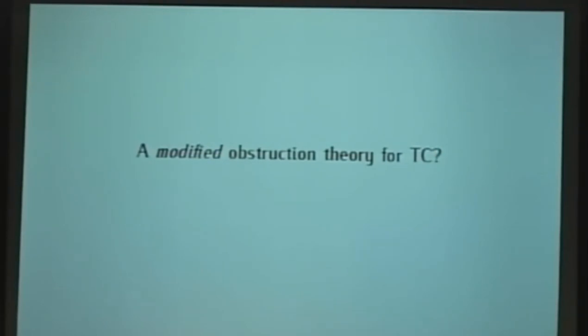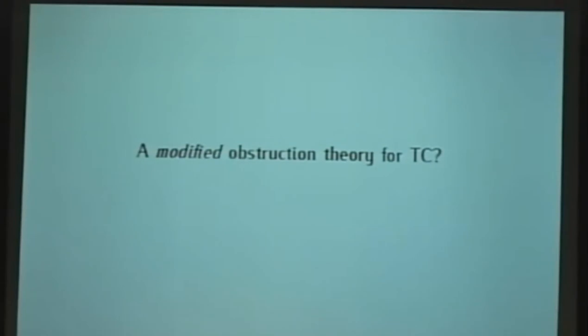So the question is, this is also a sectioning problem, it can be interpreted as a sectioning problem. Of course you can do standard obstruction theory, but there's not much hope for that. Actually there are some results in that direction, but very soon one will have to stop with these computations.